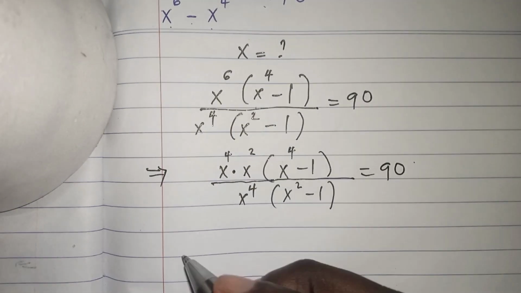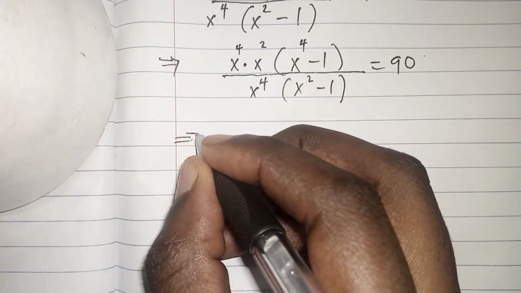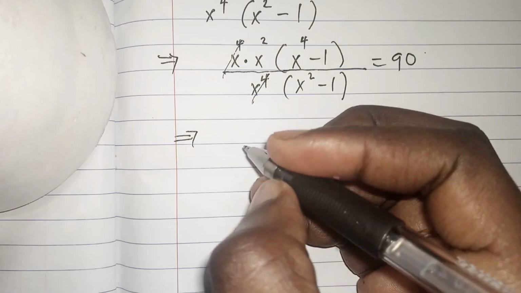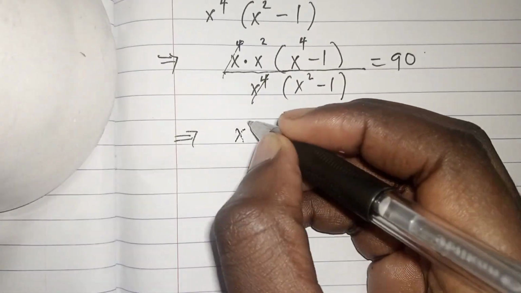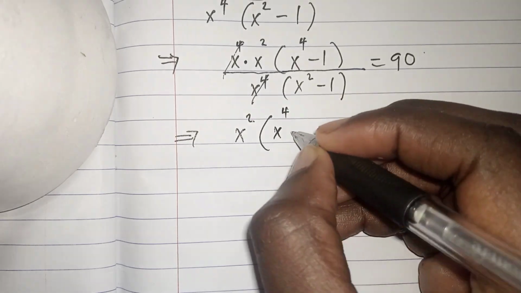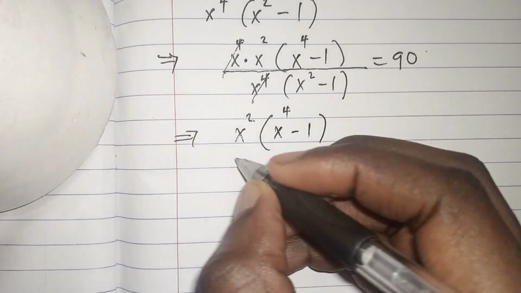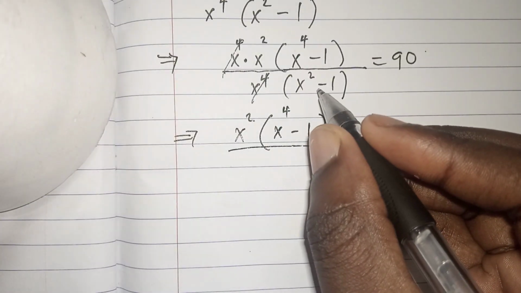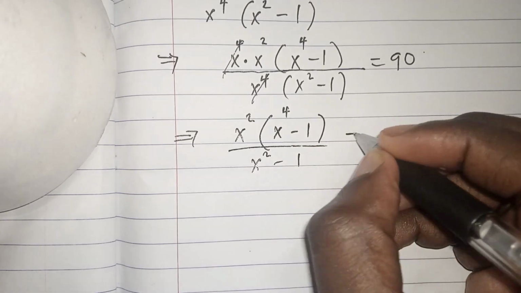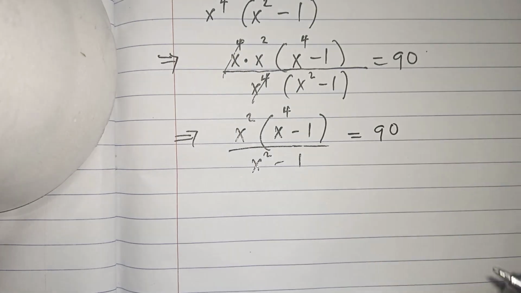Okay, so our next step, this and this will cancel. So for our numerator, we have x squared into bracket x to the power of 4 minus 1 bracket, over our denominator. We are left with x squared minus 1, is equal to 90.